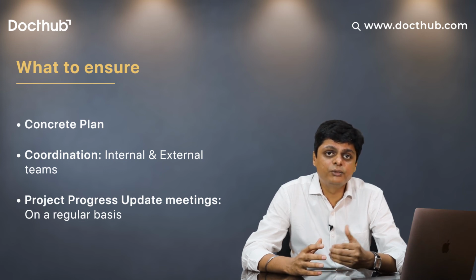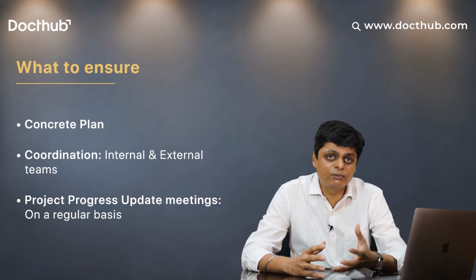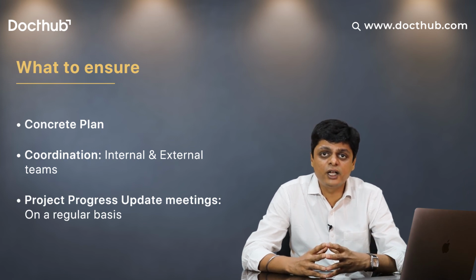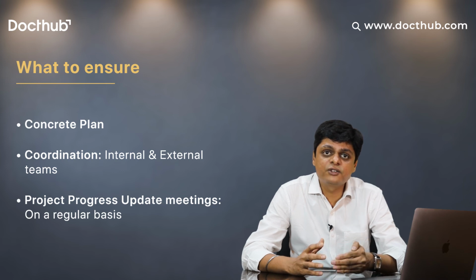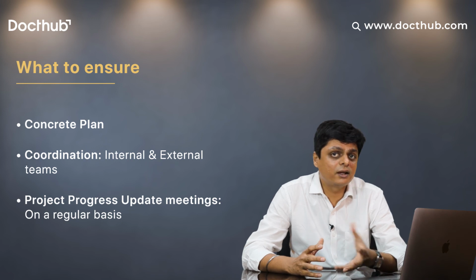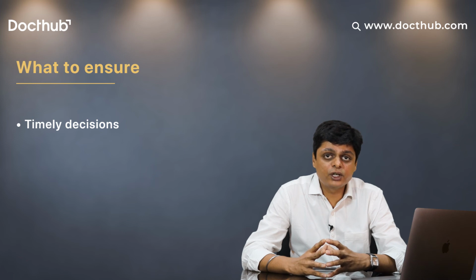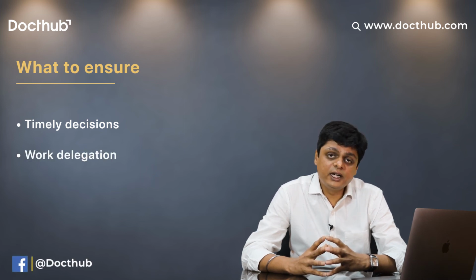At the end of every meeting you decide on to-do tasks, and in the next meeting if they have not been completed, you have to take action, take a stand on where it is going wrong and correct it immediately, because unless it is progressive, you will not get the desired outcome. So timely decisions are also a very important part in both aspects, operationally as well as project work.